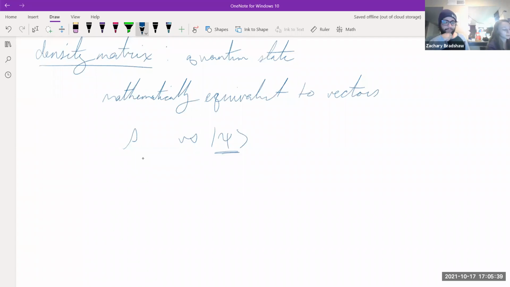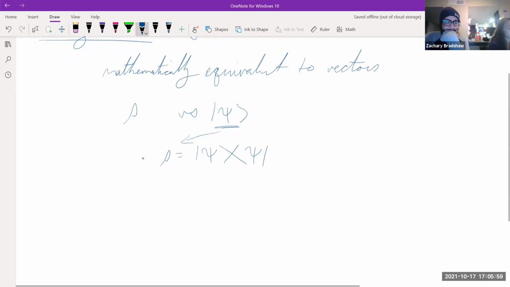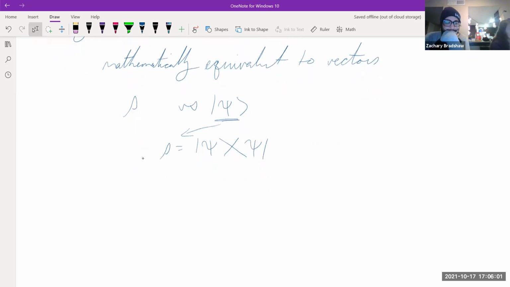And you can quickly turn a ket into a density operator by taking your outer product, it's called, where this is not an X, that's just me being shorthanded, but this is a ket bra. And so you can turn any vector into your density matrix pretty easily.